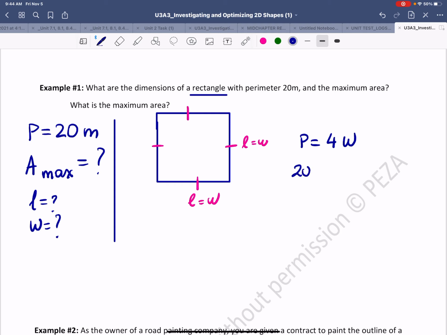So since the perimeter is 20 meters equals 4W, that will make W equal to 20 over 4, or W equals 5 meters.